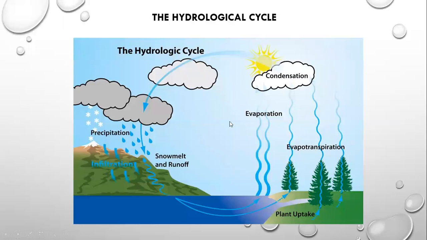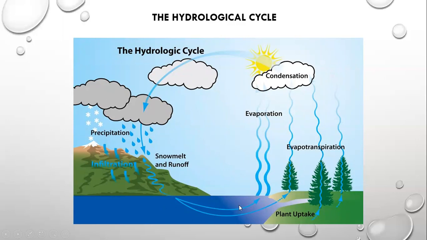So this is how the hydrological cycle looks like. Now, when you look at the hydrological cycle, first of all, you have a water body here. Now, this water body, when it receives heat from the sun, or the rays from the sun hit it directly, the water in this water body tends to warm up.